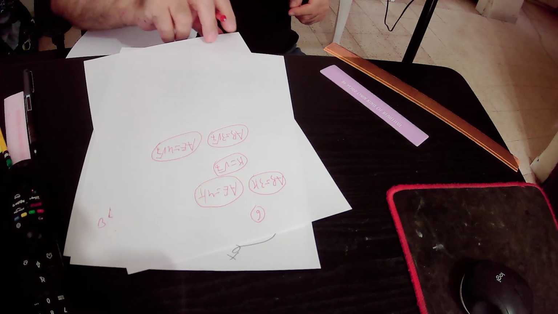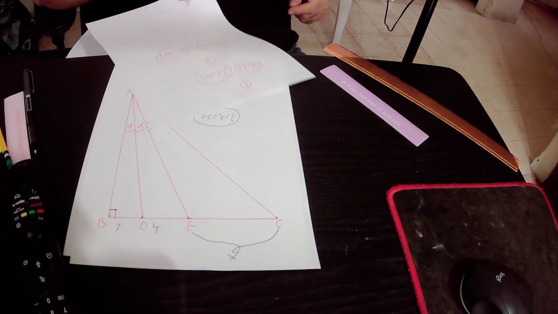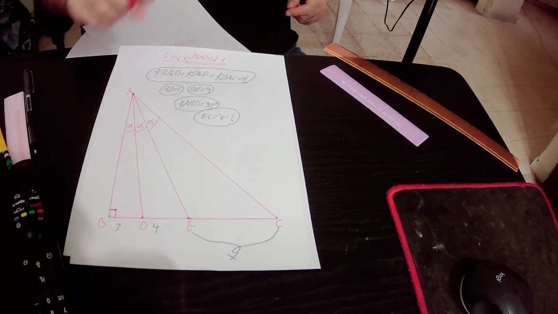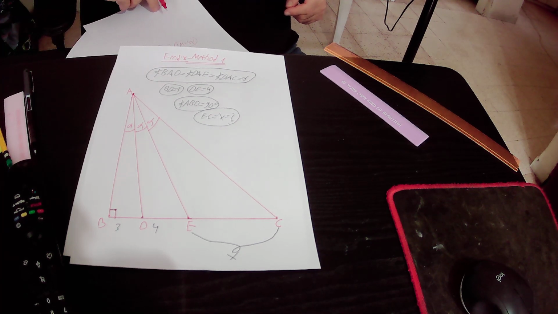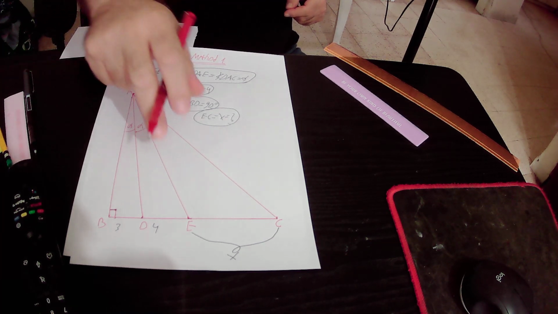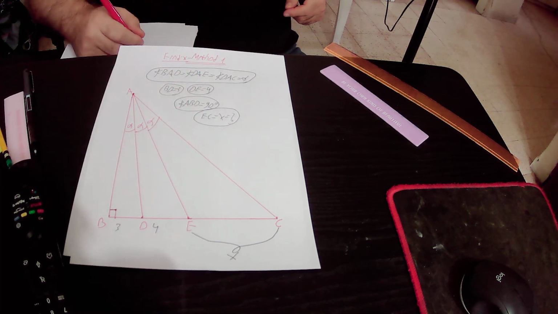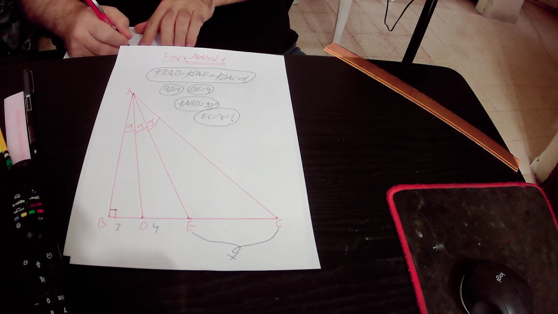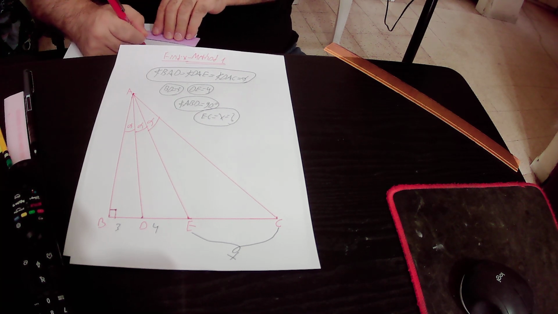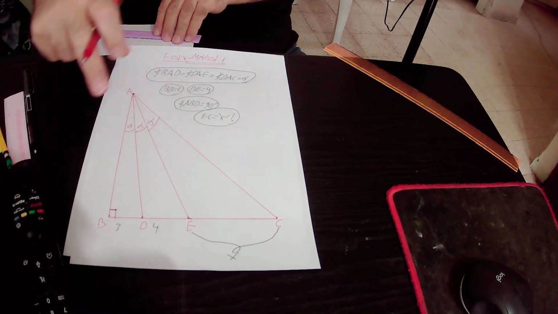So in the next step we will focus on the right triangle ABC. We know that in the right, big triangle ABC, tangent 3 alpha equals BC over AB.